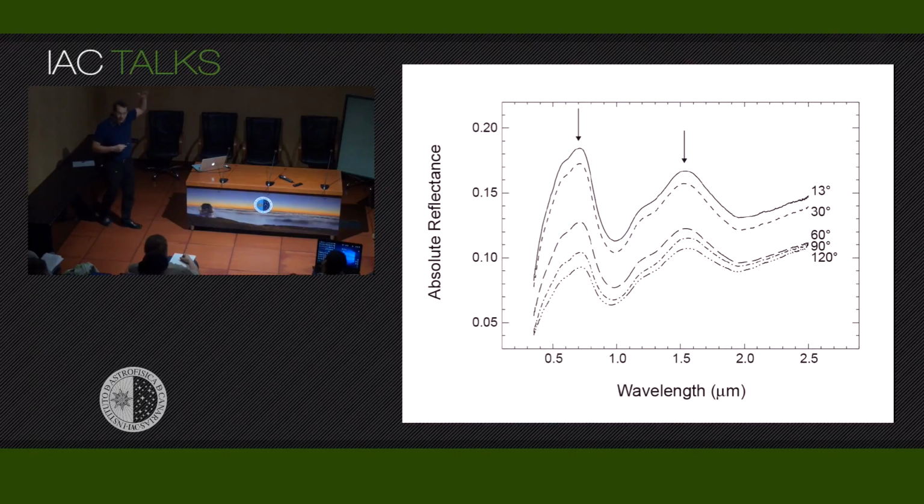You have reduced the signal enormously from the original signal. That means that you basically tilt the spectrum towards red, and so you have a phase reddening as a function of phase angle. So the spectra should always be corrected for this phase reddening before they are actually comparable to one another.